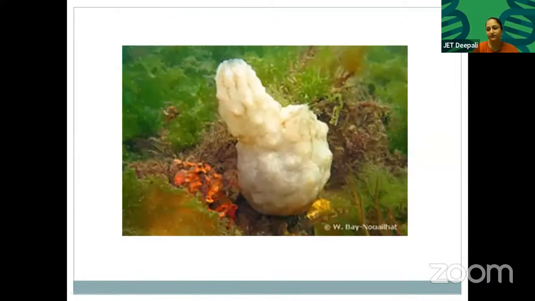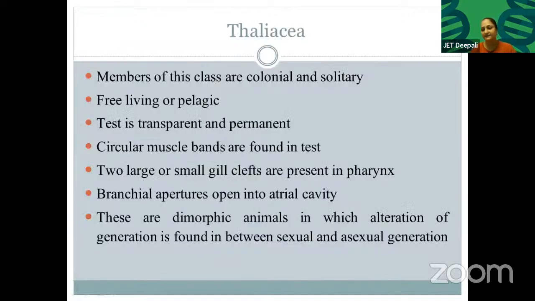Okay, next Pelonaia. This is Pelonaia. You can see here branchial siphon, atrial siphon. Now class Thaliacea. Class third is divided into three orders. Members of this class are colonial and solitary. Colonial means they reside inside colonies, or solitary, free living, or pelagic.